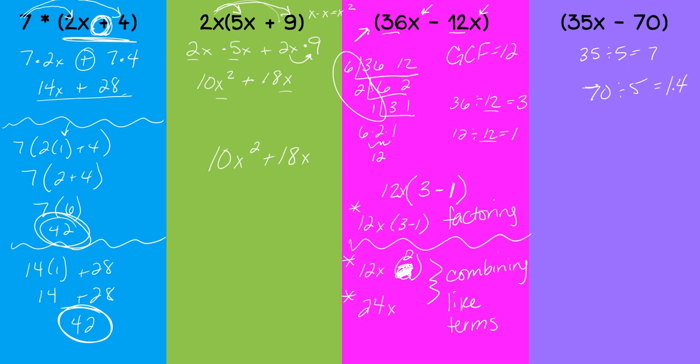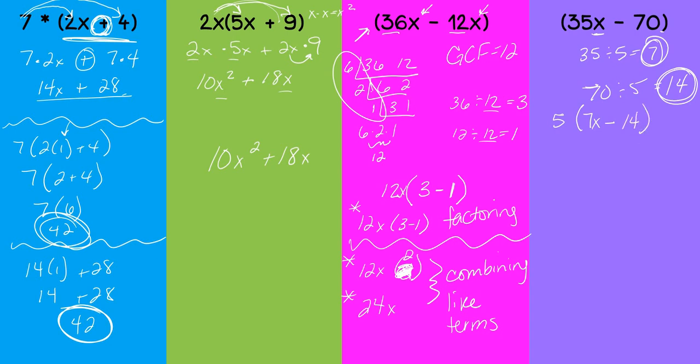So if I divide both of these by 5, I get 7 and 14. Notice both of them don't have x's, so I can't pull that x out. Here, I could pull out the 5, and I'd be left with 7, where the 35 was, so 7x, minus, and then I'd be left with 14, where the 70 was.